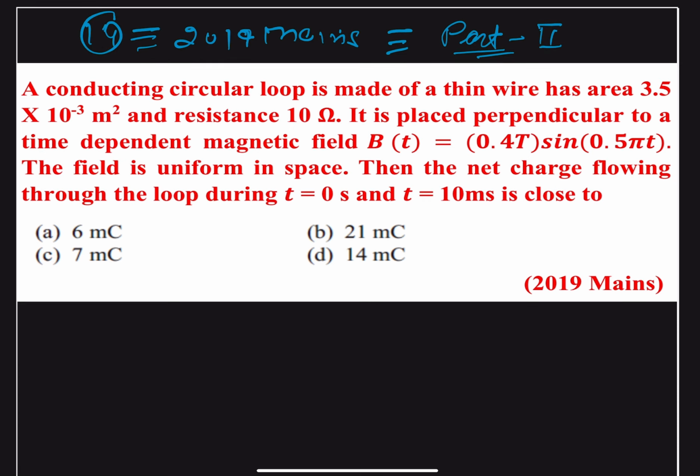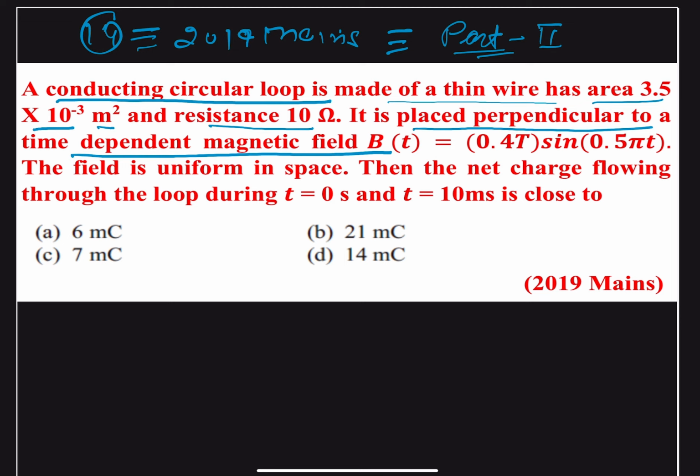It states that a conducting circular loop made of a thin wire has area 3.5 into 10 to the power minus 3 meter square and resistance 10 ohm. It is placed perpendicular to a time-dependent magnetic field B(t), which is 0.4 sine 50 pi t. The field is uniform in space.